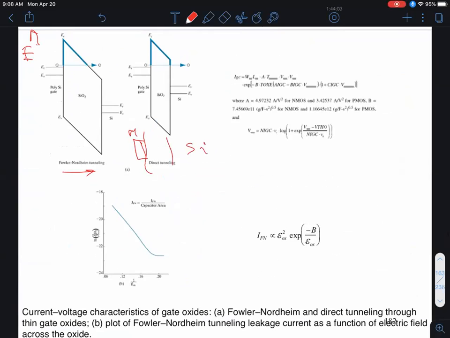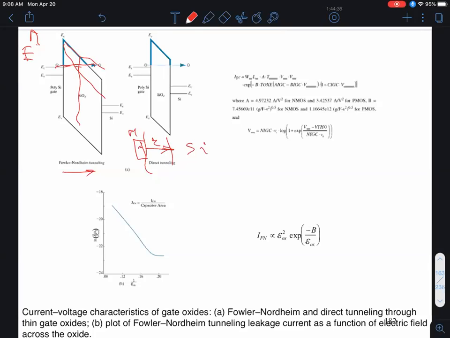As you increase the gate voltage, the electric field across this region increases, and that's shown by a steeper and steeper slope, because the slope of the band edge is a measure of the electric field. You can see clearly that an electron in the metal gate can tunnel through more and more easily as the gate oxide field becomes higher and higher. Or if the oxide becomes thinner, the barrier becomes smaller and the tunneling current goes up.